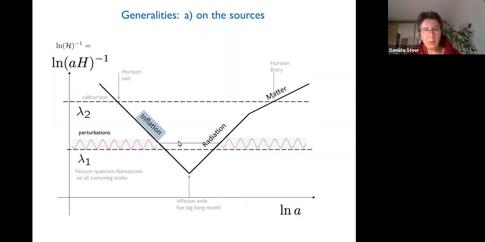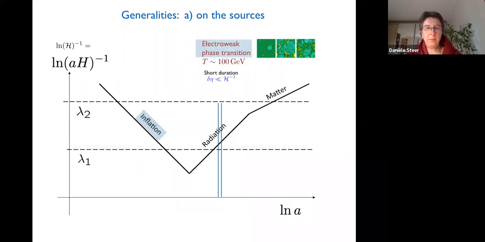Their amplitude is frozen outside the horizon, and then they re-enter the universe during the radiation or the matter era, setting the initial conditions for the hot Big Bang model. Of course, these perturbations can be either scalars or tensors. If they're tensors, they're gravitational waves. And it's precisely these gravitational waves from inflation which can lead to a stochastic gravitational wave background. So that's one source.